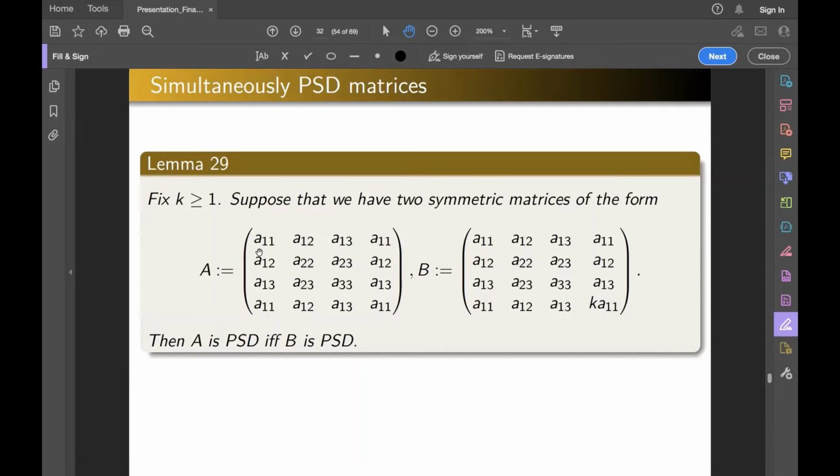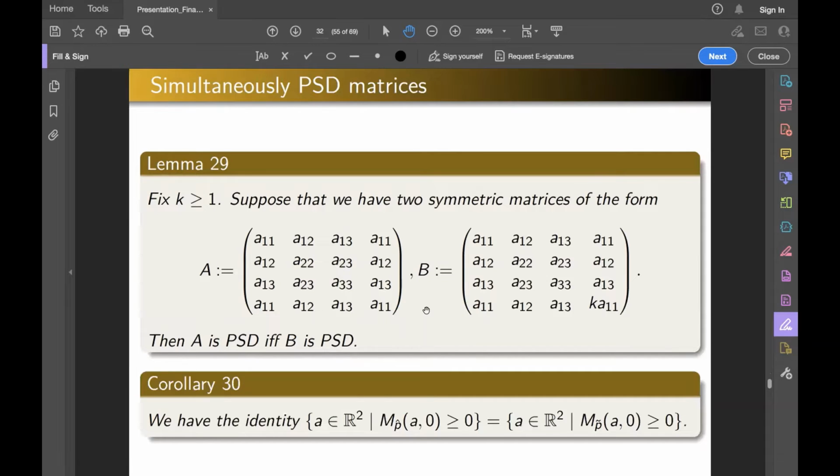They are also special in the sense that A has some repeated columns and some repeated rows. And then you can prove that the first one is positive semi-definite if and only if the second one is positive semi-definite.